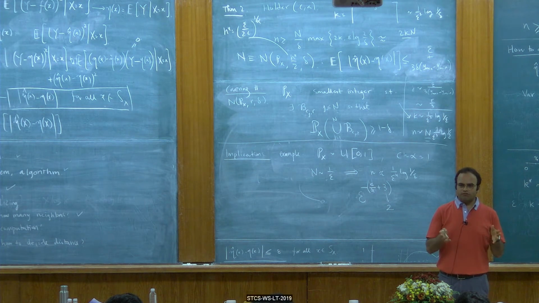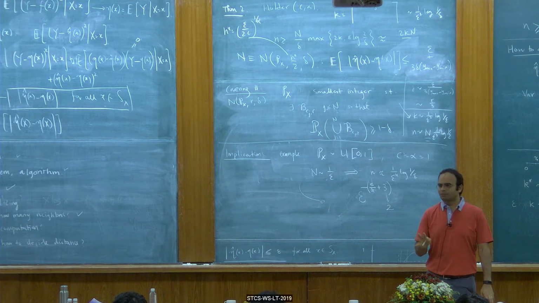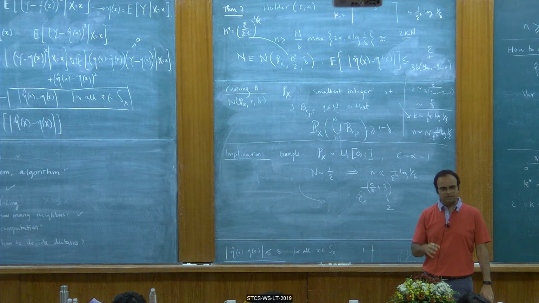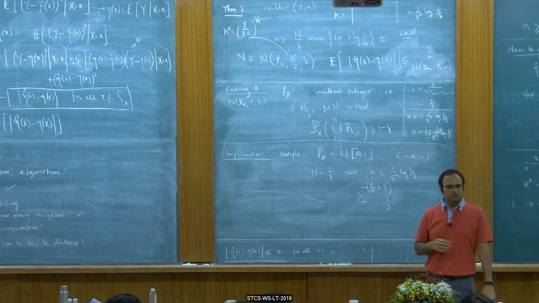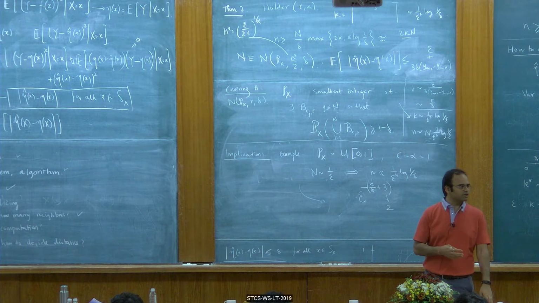If I have K of them, there are clever ways people do it, but for simple purposes, let's say it's K times n. Now that's a lot of work, because you have lots of data points and lots of calculation. You don't want to do that.